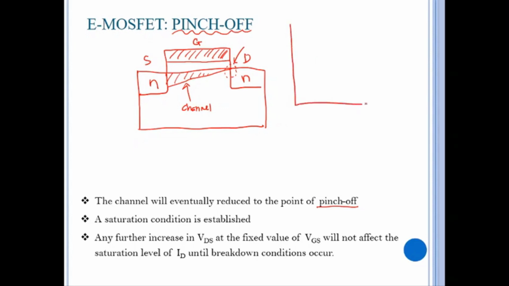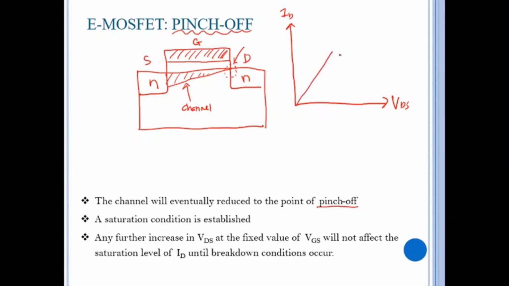Okay, I have drawn the ID versus VDS. Because at small VDS, the channel along the source and drain functions as a resistor, so it will have a linear characteristic.